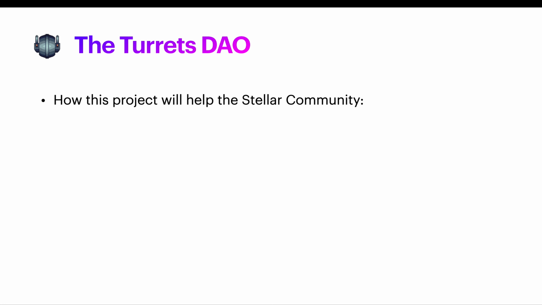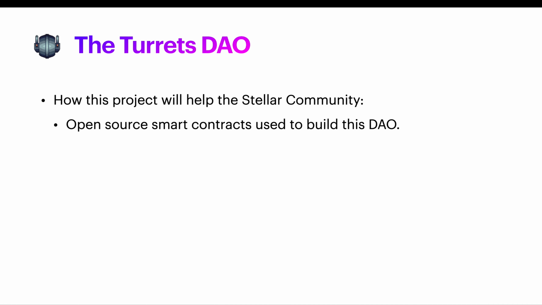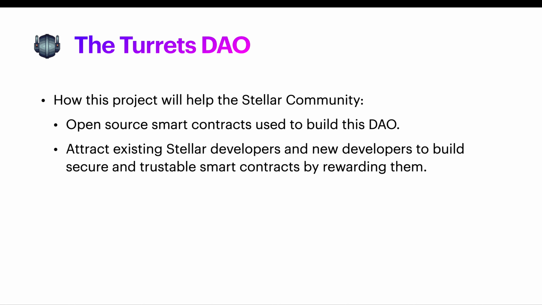How will this project help the Stellar community? The open source smart contracts that we will implement to build governance of this DAO will be public, and this will help other projects that want to build a DAO in future on the Stellar network. Also, the Turrets DAO project will attract Stellar developers and new developers to build secure and trustable smart contracts.